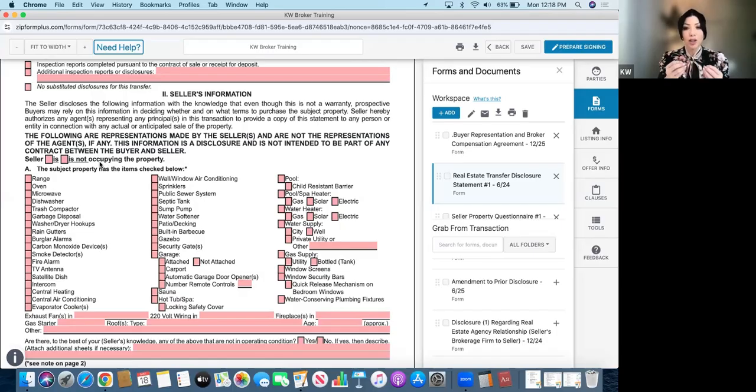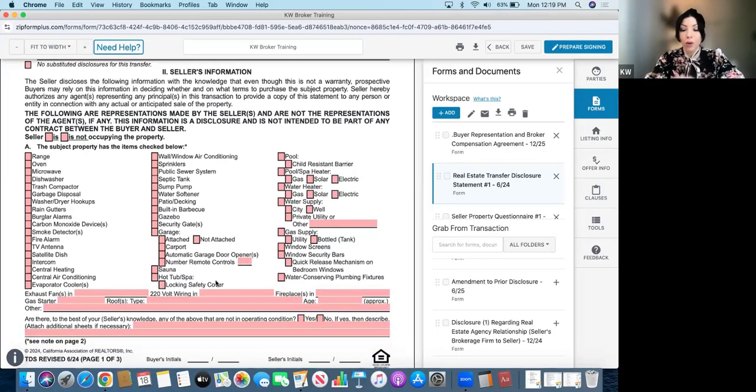These are forms that the seller is filling out themselves, writing things in, making notes, and verifying personally things about the property. That's why these are the most important forms in any transaction, because they're telling you what the deal is with the property. So the seller is or is not occupying the property. They would fill it out here.